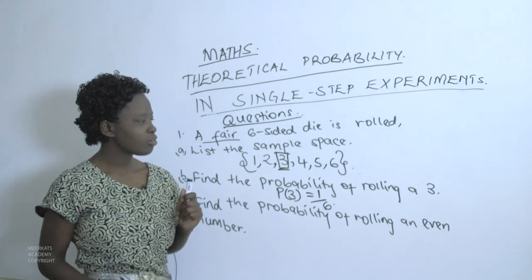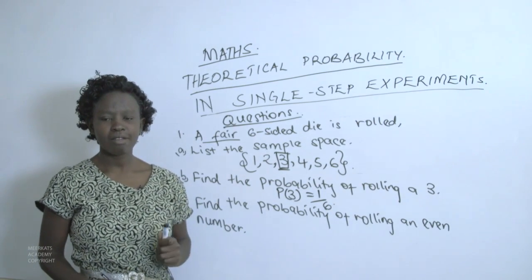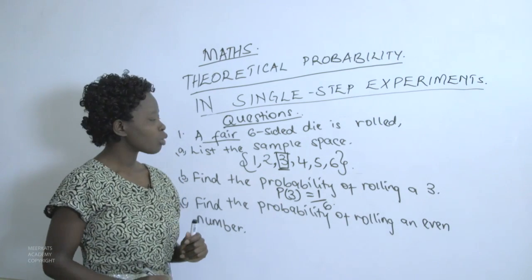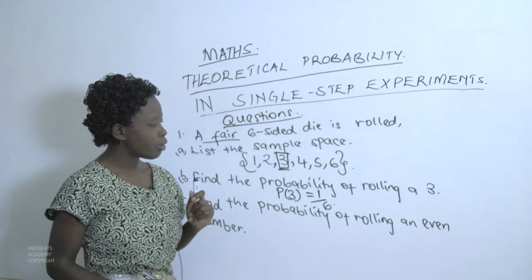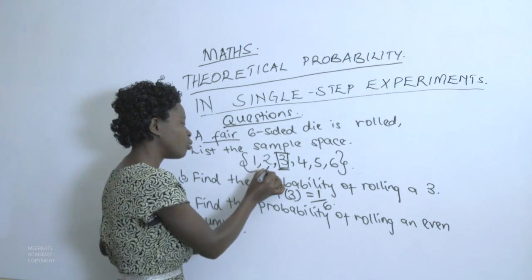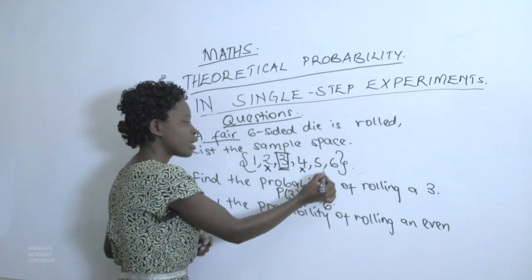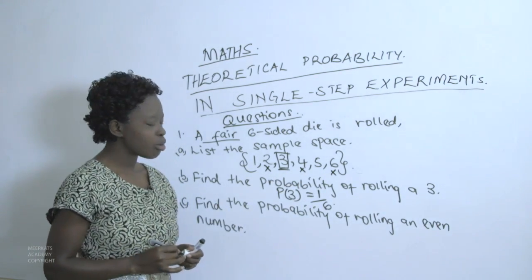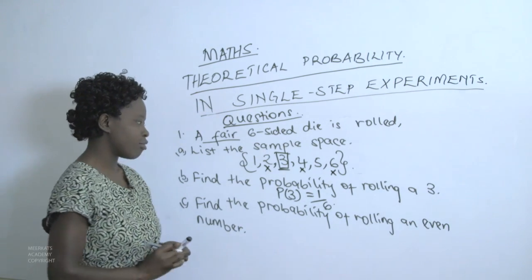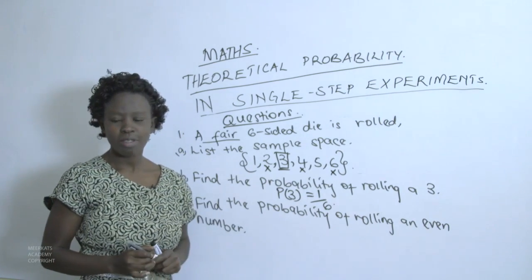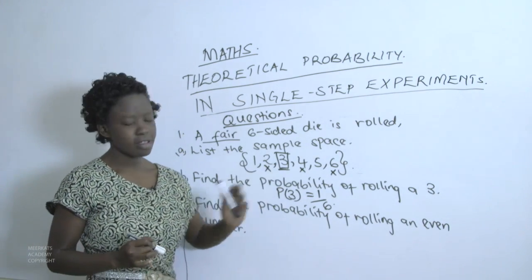Then next we have, find the probability of rolling an even number. So we need to identify what is an even number. An even number is simply a number that is divisible by 2. So in our sample space, we identify the even numbers. So we have 2, we have 4, and we have 6. Those are the even numbers we have. We find that this is 1, 2, 3. So the favorable outcome in this case is 3.